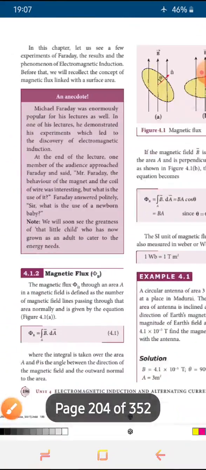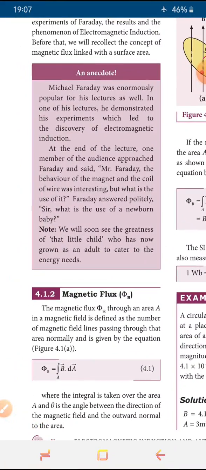And here is one small incident. Michael Faraday gave a lecture and explained with a demonstration that using the magnetic field we can produce the electric current. During that demonstration, someone asked, yes Mr. Faraday, your experiment is very good. From the magnetic field how to produce the electric current gives a lot of ideas to us, but what is the use?